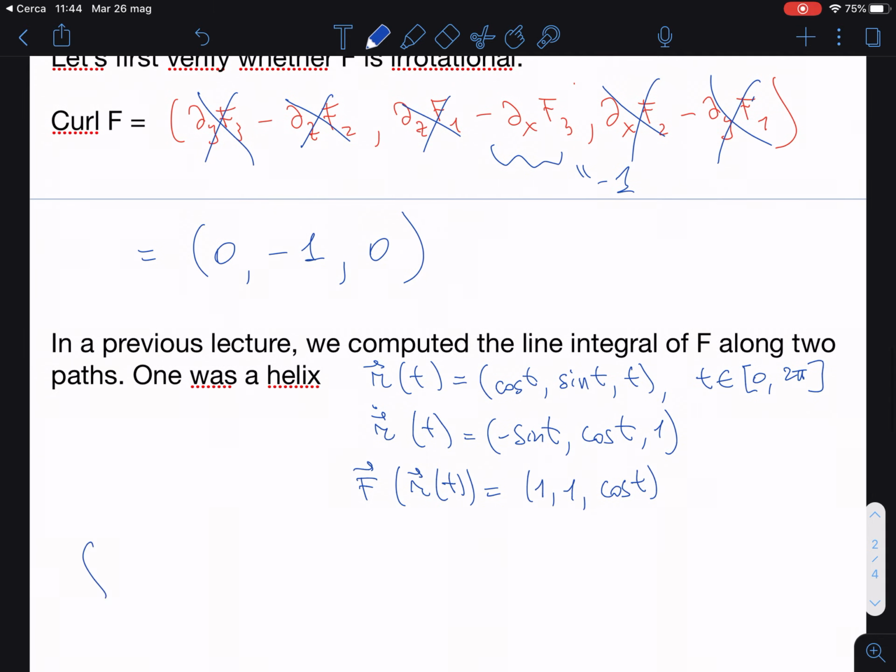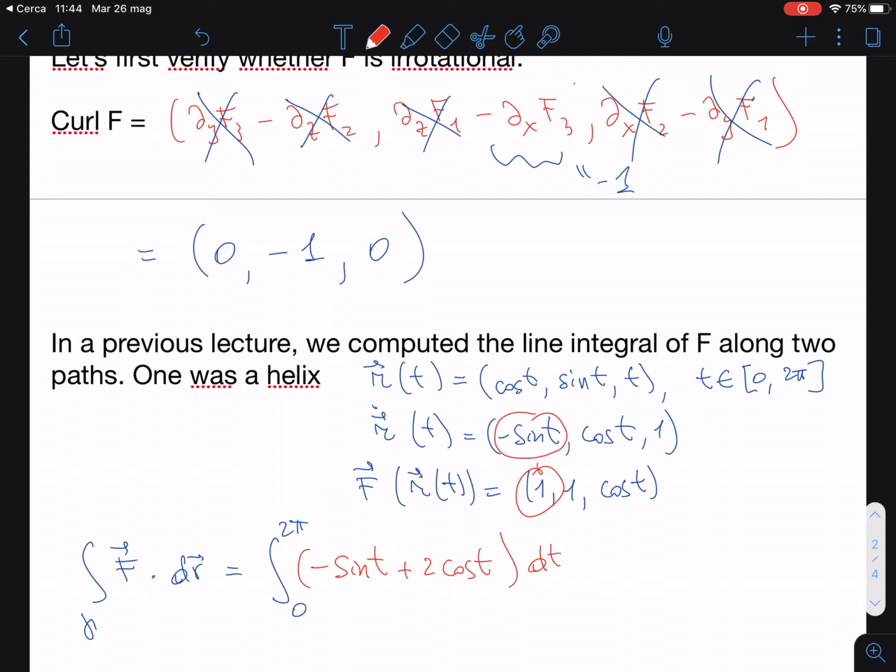So it turned out that the integral over gamma of F dot dr was the integral between 0 and 2 pi of minus sine of t plus 2 cosine of t in dt.